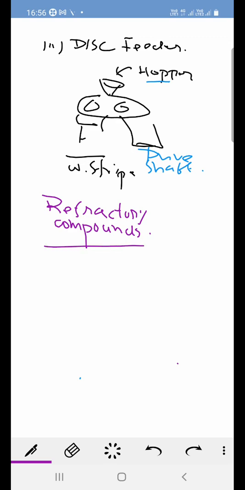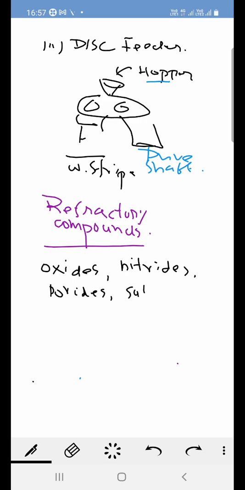These are compounds with very high melting point, and they mainly consist of ceramics, like oxides, nitrides, borides, sulfides, etc. In some cases when we are depositing refractory compounds, they form extensive defect structures, and these defects exist over a wide stoichiometric range.